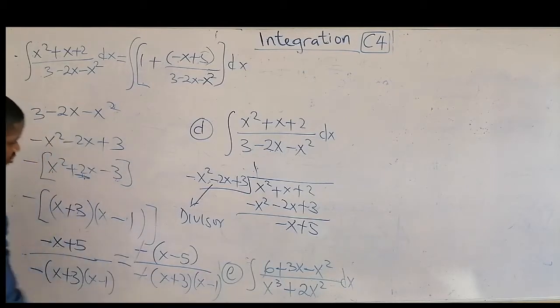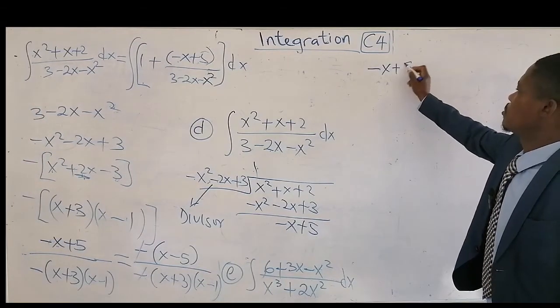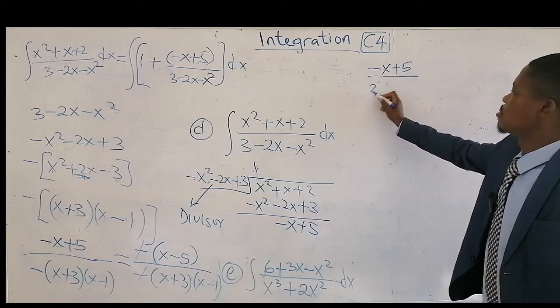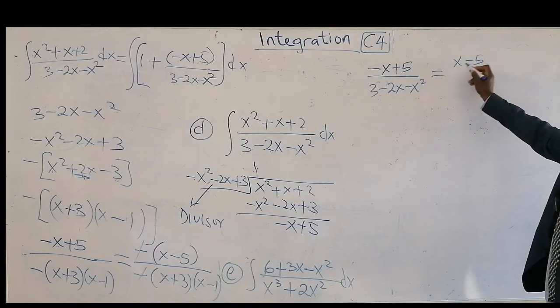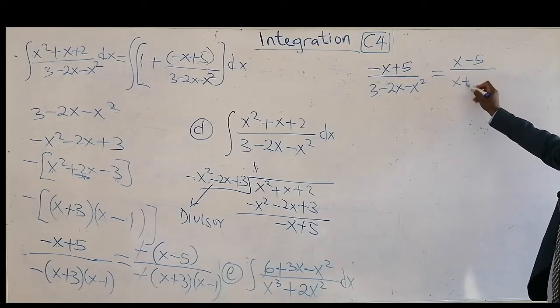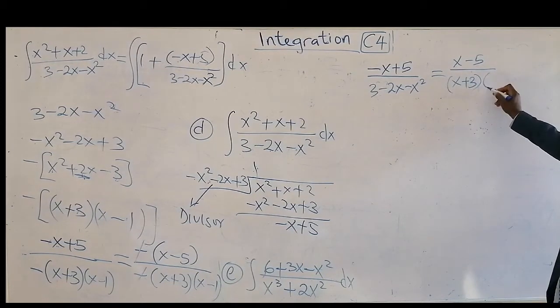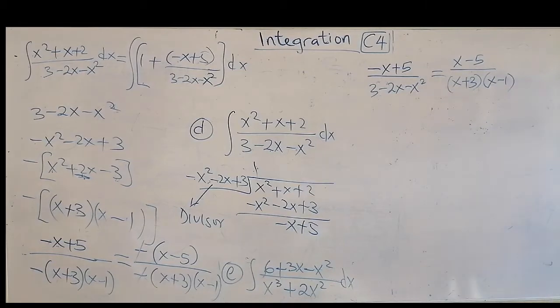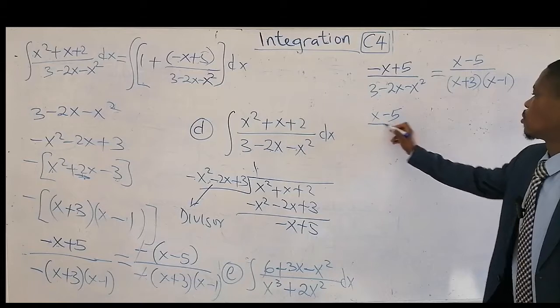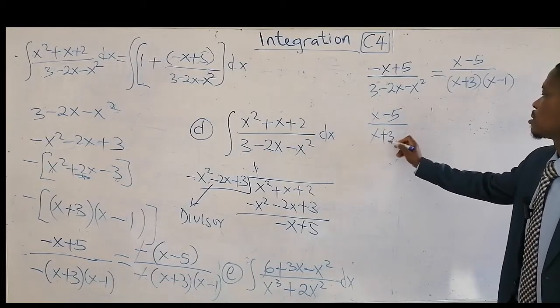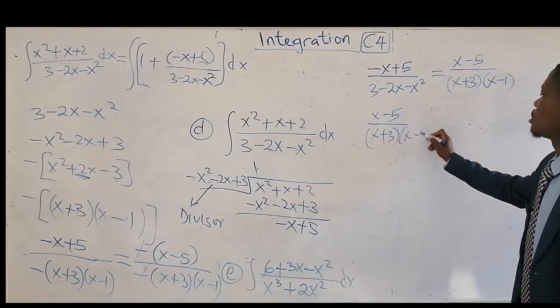So this minus we cancel. This expression is now equal to x minus 5 all over x plus 3 times x minus 1.